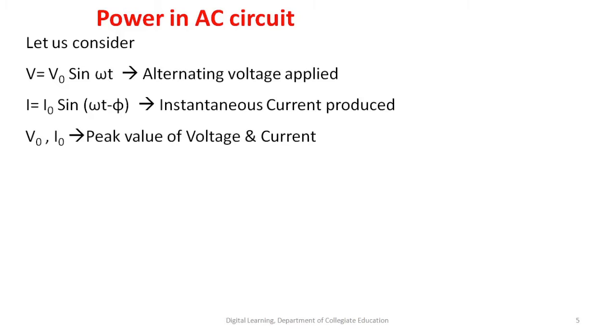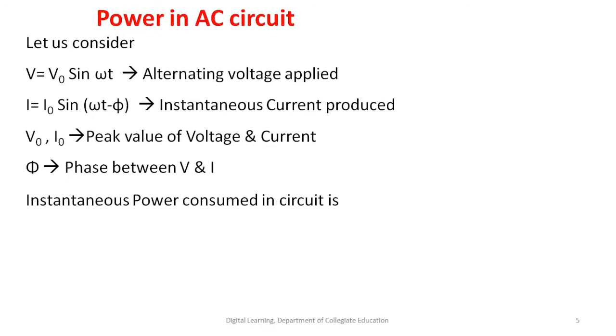Here V naught and I naught are the peak values of voltage and current respectively. Phi is the phase difference between the voltage and current.